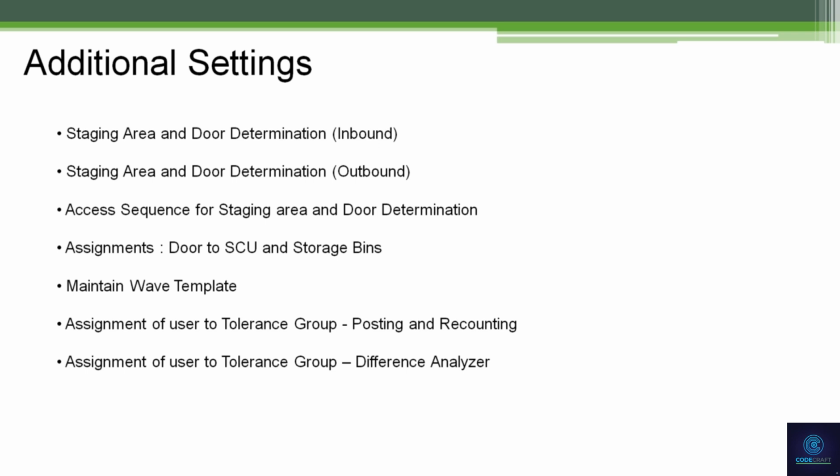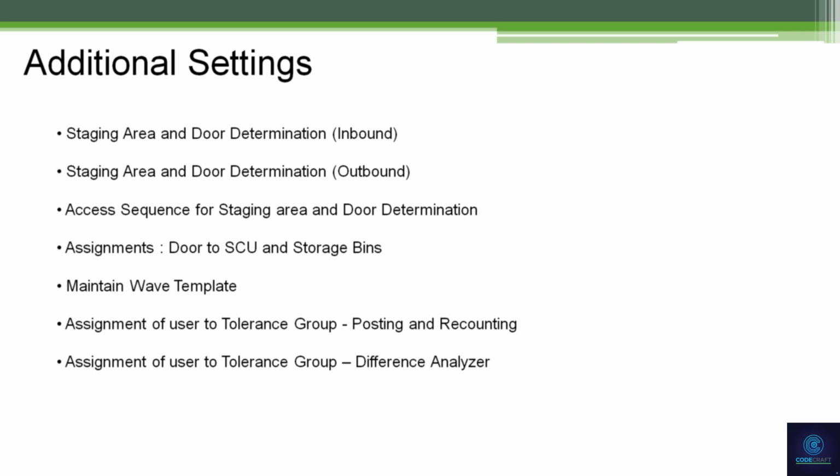Additional settings. Apart from these master data, we have to also carry out some additional settings for our new warehouse. Again, these settings are required for testing the best practices and model company processes in EWM. So if you're copying the SAP template warehouse and you want to execute a similar process for your own warehouse, you have to do these additional settings for your warehouse.